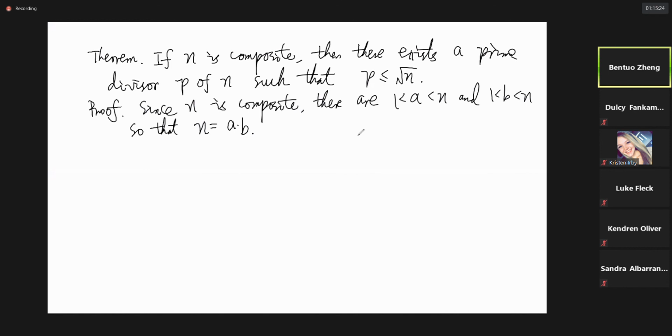All right, so since n is a product of a and b, then at least one of the a and b's is less than or equal to root n.